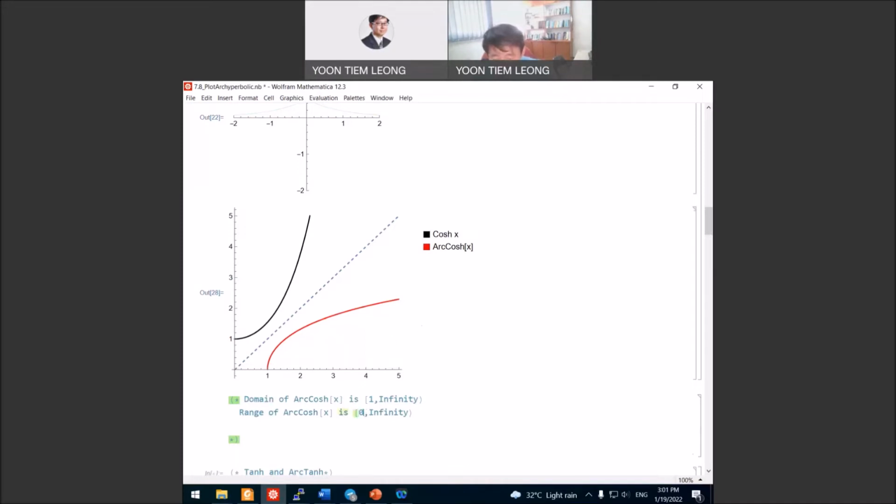So it starts from 0 and goes to positive infinity. So that is how you can remember the graph of the inverse of the hyperbolic cosh function.